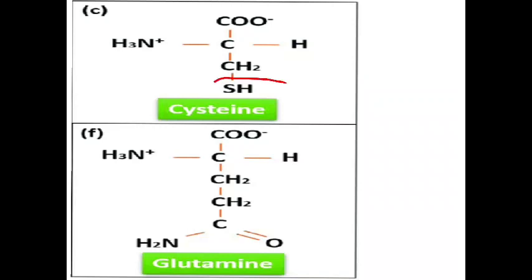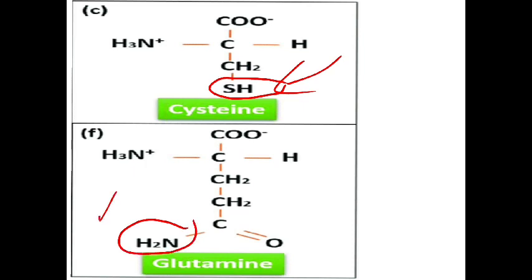It has this, our focus, which is the sulfur. It can form a sulfide bond. It has a sulfide group, which is a thio group. So this makes it nonpolar. It does not dissolve in water. It is hydrophobic.